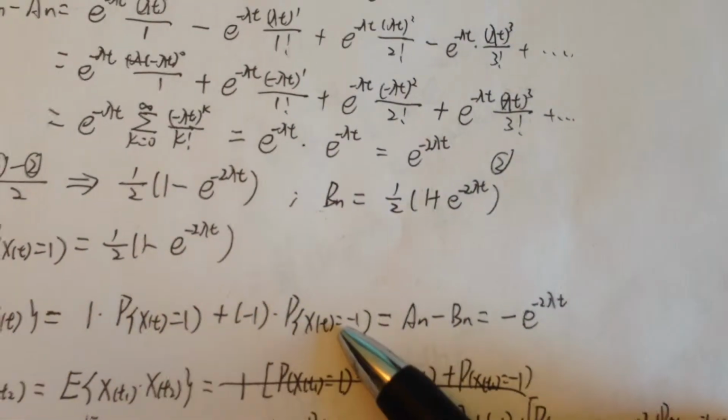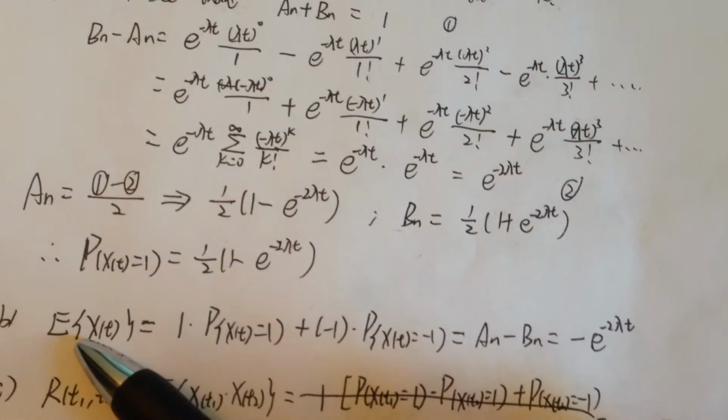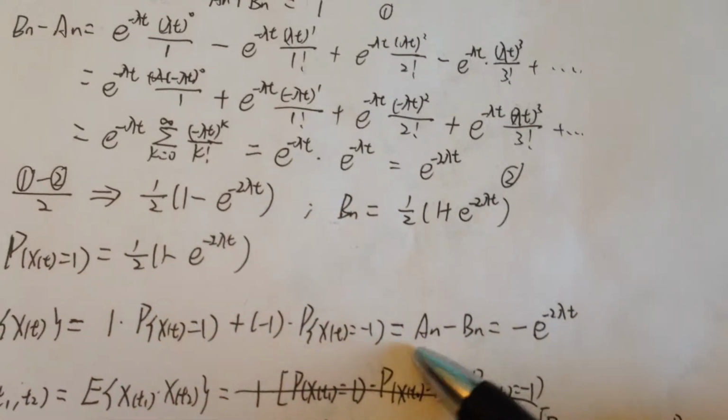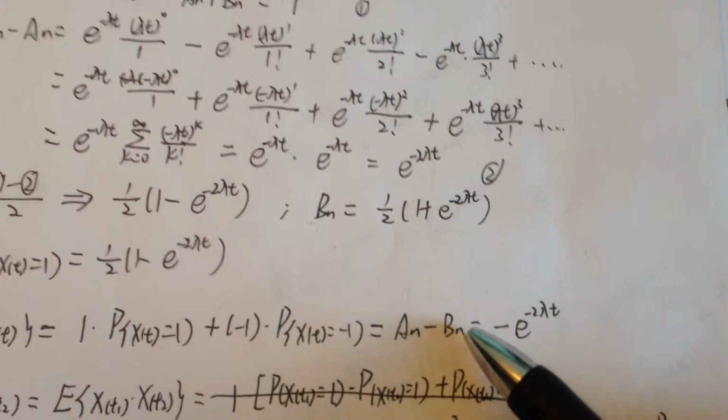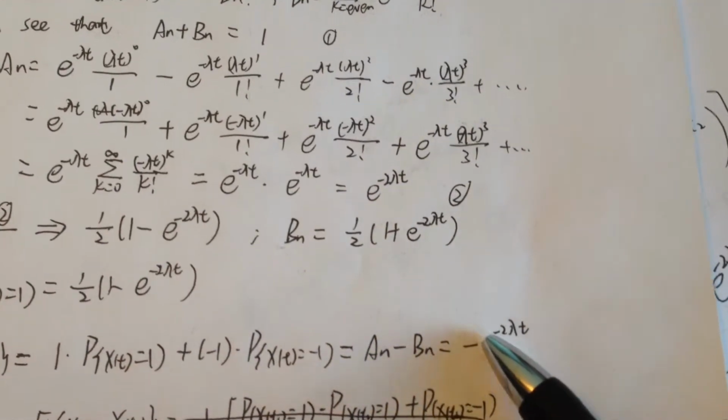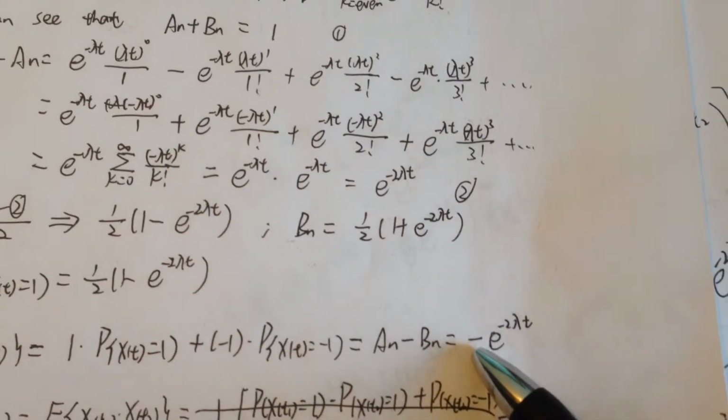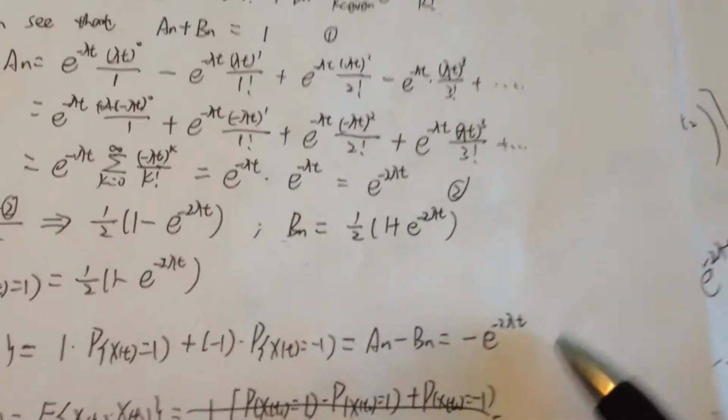That is a_n and b_n. So the expected value of X(t) equals a_n minus b_n. And we have known the answer. That is minus e to the minus 2 lambda t.